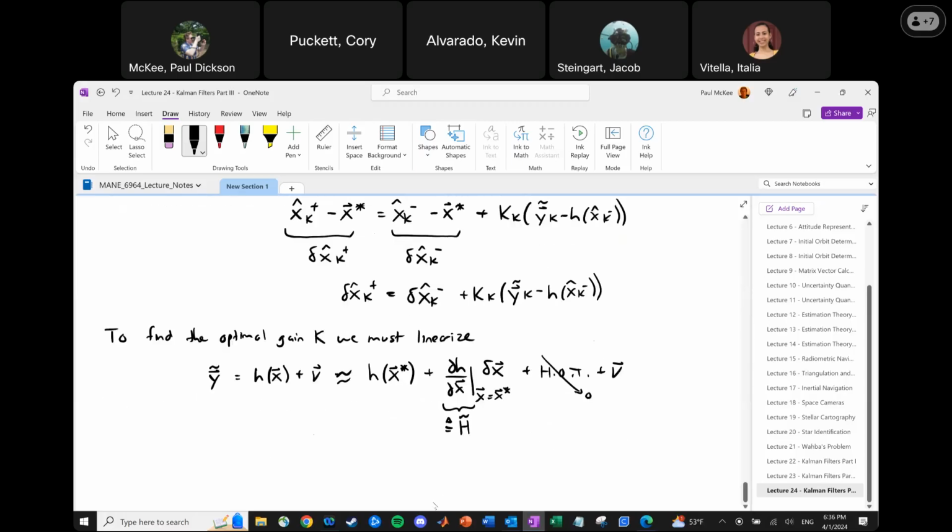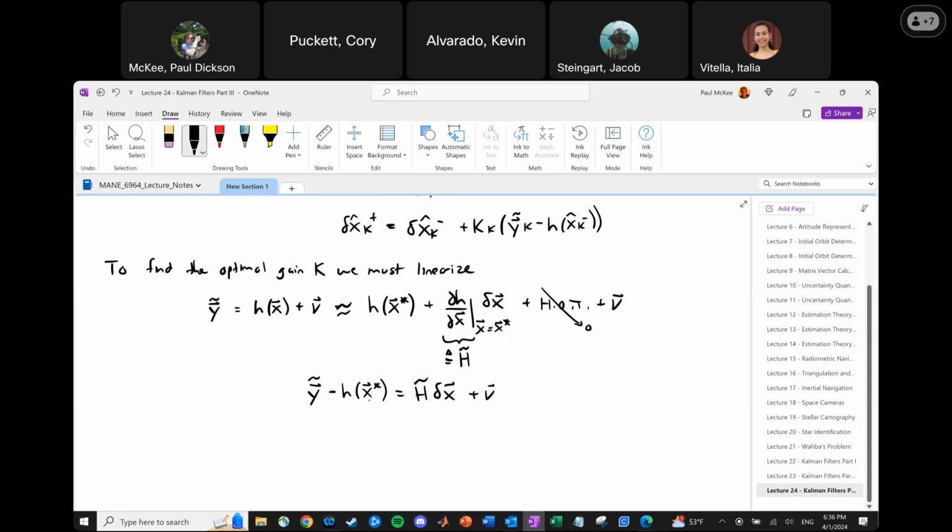And so, cleaning this up a little bit, we get that y minus h of the reference state is approximately equal to H tilde, our linearized measurement model, times this deviation, plus some noise. All right, so you might be thinking, I'm completely lost. Why did we go down this path? But actually, we're done. Does this look familiar?